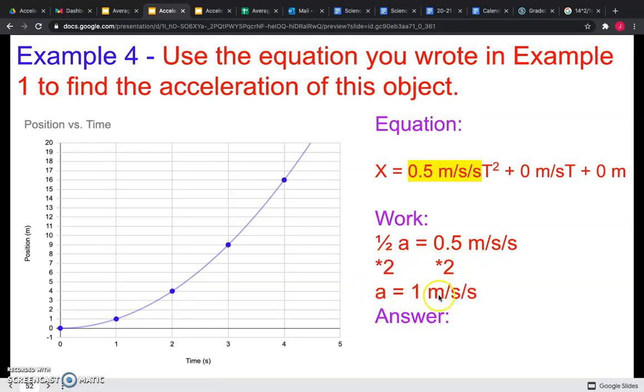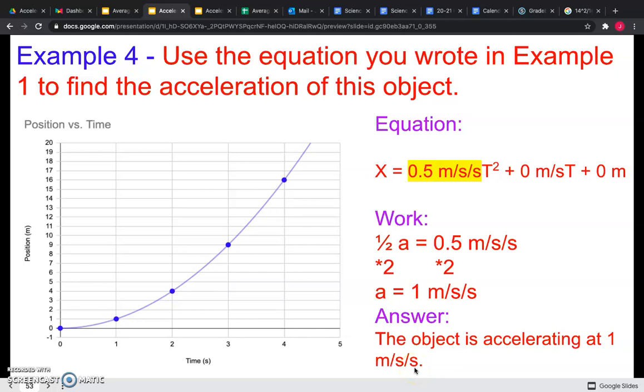A will equal 1 meter per second. So when you're using this equation to find the acceleration, you've essentially got to multiply this number by 2 to turn it into the actual acceleration. The way this formula is laid out is this coefficient here is actually half of the acceleration. Okay, and so then our answer is going to be the object is accelerating at 1 meter per second.